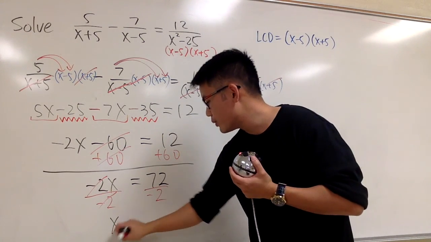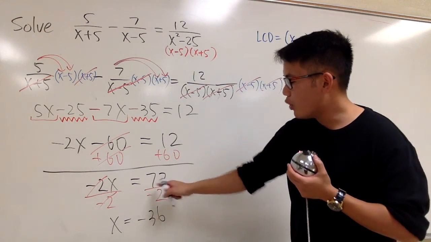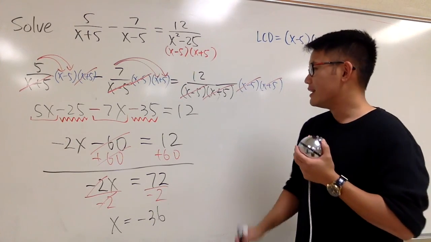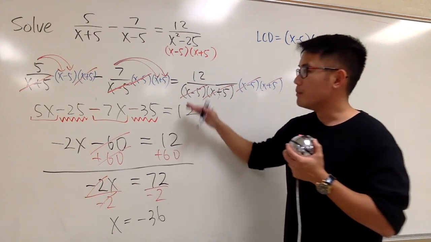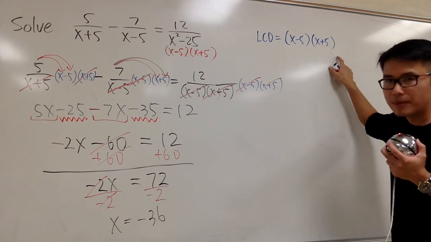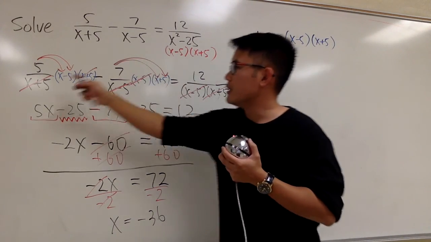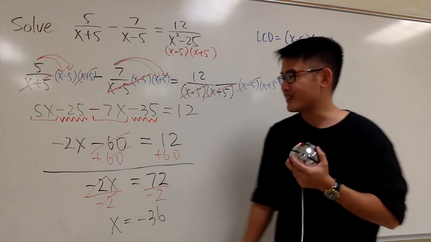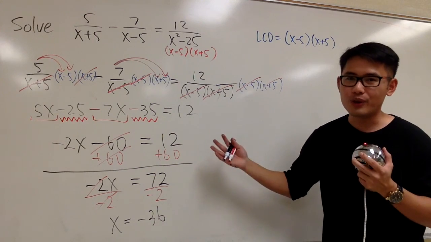X is equal to negative 36, right? 72 over negative 2 is negative 36. So you see how easy it was after this step, right? The first step is you multiply everything by the lowest common denominator. I will totally suggest you guys rewrite the equation again with space in between, just like how I did it, okay? And you can rewatch this video and see how we did this equation.